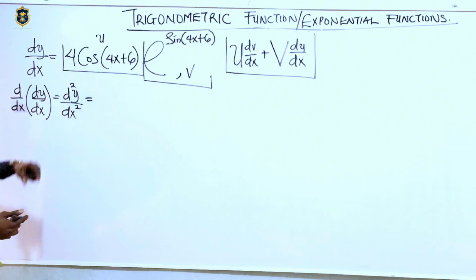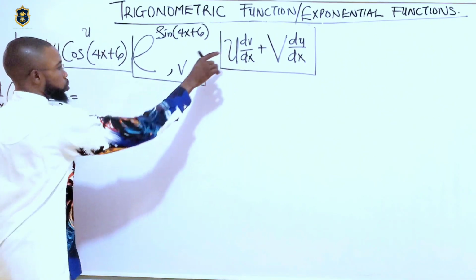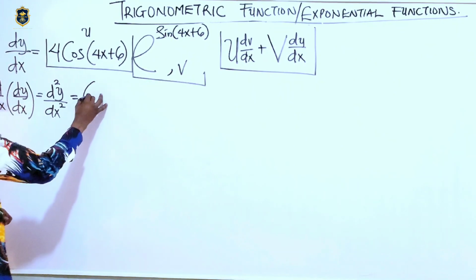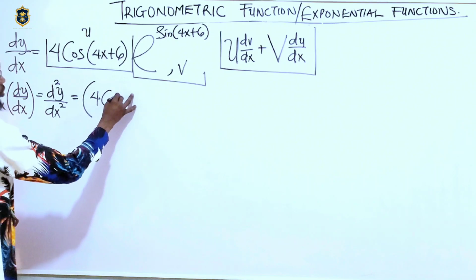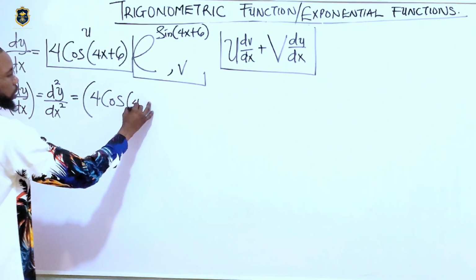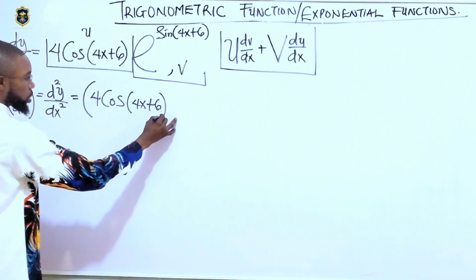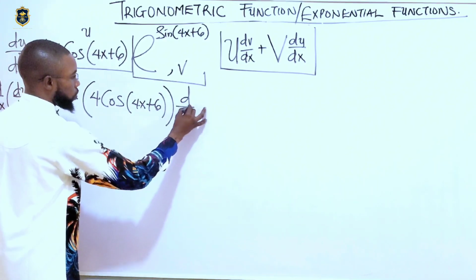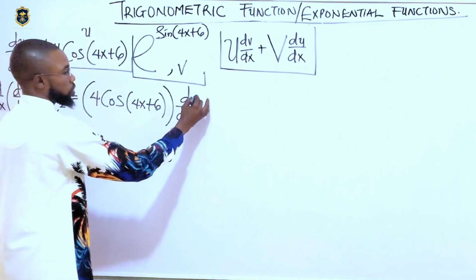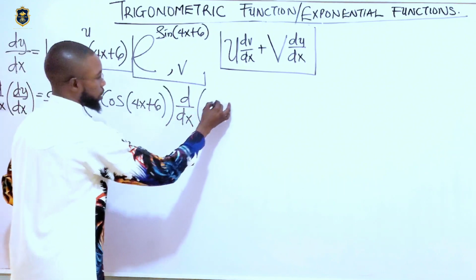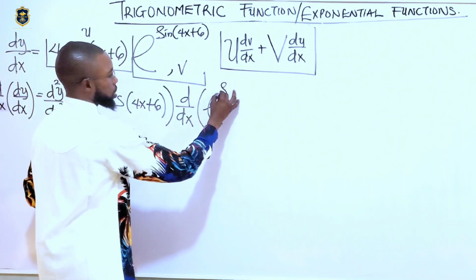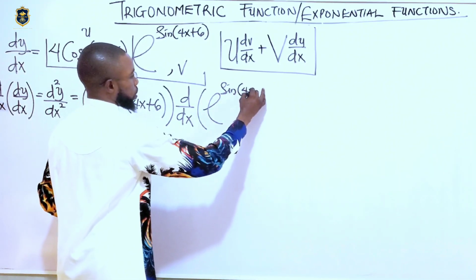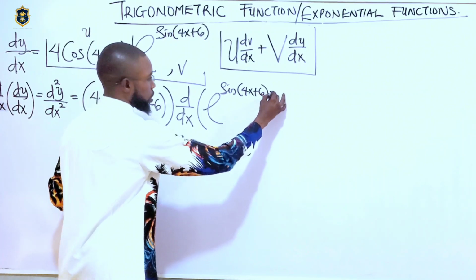So this is our u, that's 4 cos 4x plus 6. Then d over dx of v. What's our v? Our v is simply e to the sine 4x plus 6.